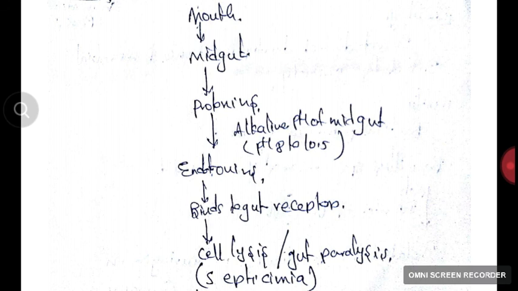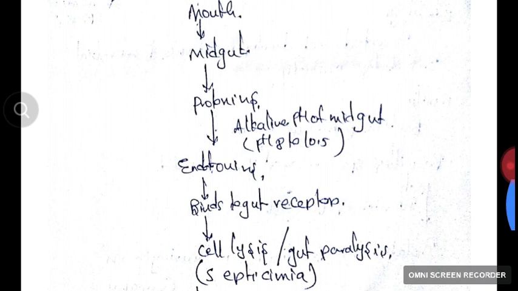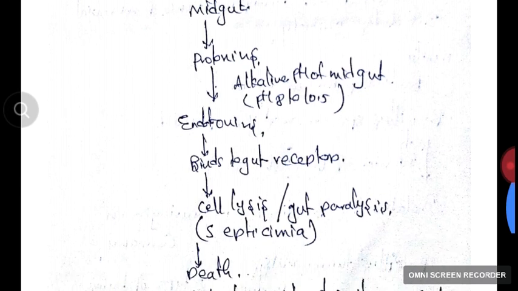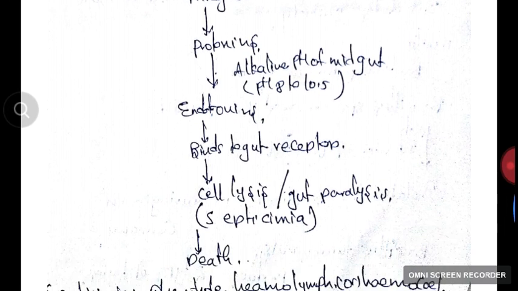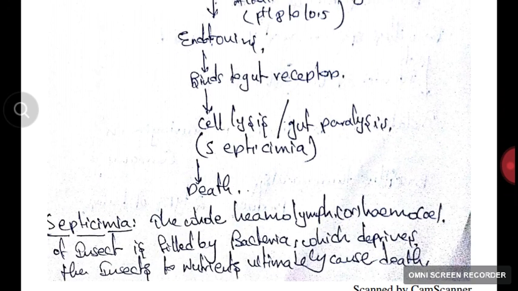At this pH, the protoxins are converted into endotoxins. They bind to the gut receptors, which leads to cell lysis, gut paralysis or septicemia, which ultimately leads to the death of the insect.